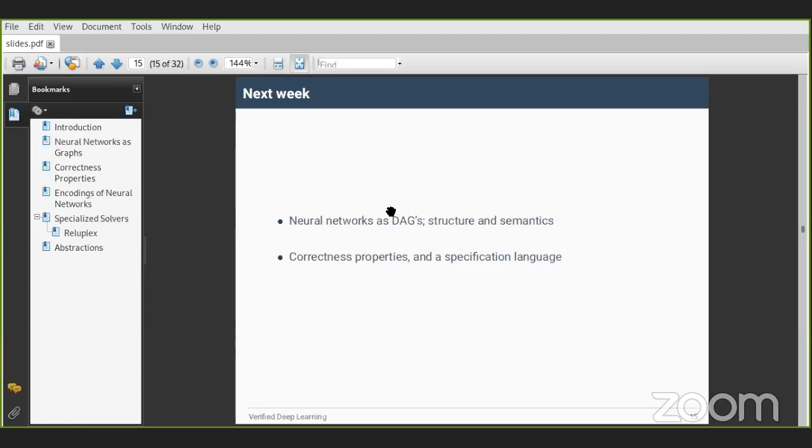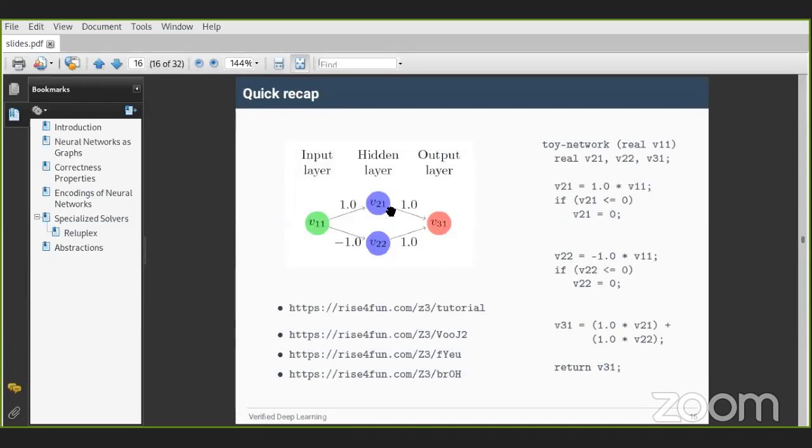For instance, we looked at the example of this airborne collision avoidance system, where the motivation was to replace this 2 GB lookup table with a less than 3 MB sized neural network. But if you are going to do that in software which is going to be used for any critical system, you want to verify certain properties. This is what we are looking at, and we will understand these things a bit more in today's lecture.